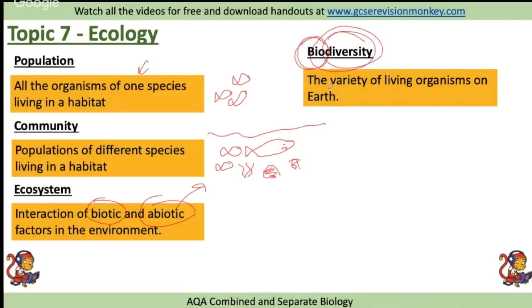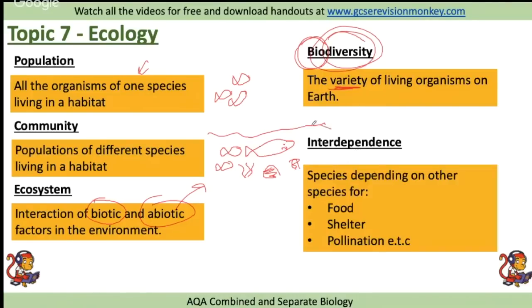So biodiversity is the variety of living organisms on the earth. Final word, interdependence. That is the dependence of different species on each other. So some species could be dependent on each other for food, perhaps for shelter. So birds are dependent on trees for shelter, for example. Pollination. So bees depending on particular species of flowers, and flowers depending on particular species of bees for pollination, for example.